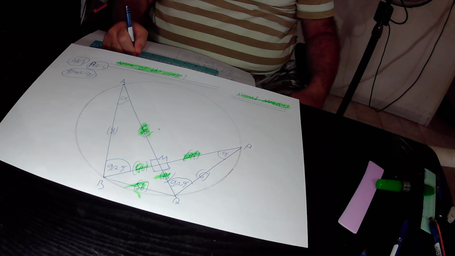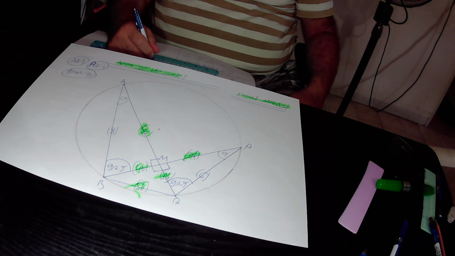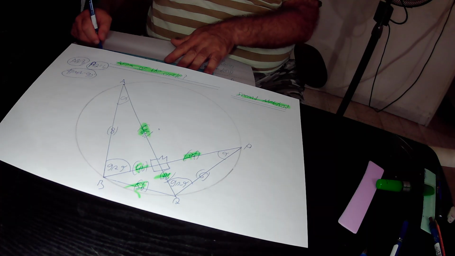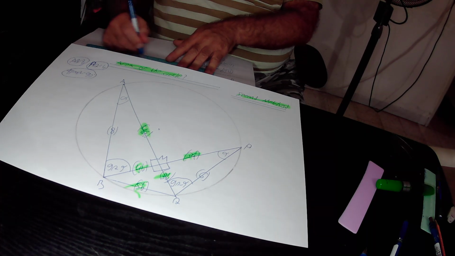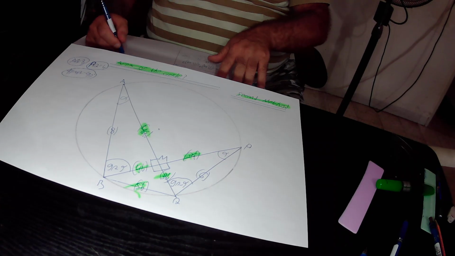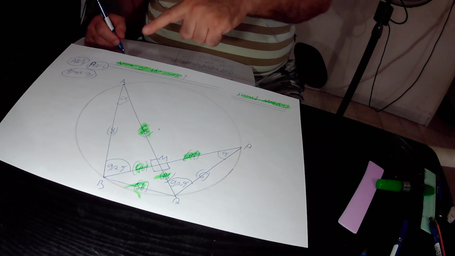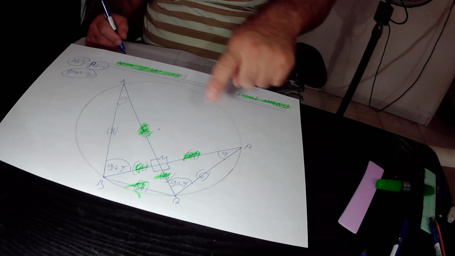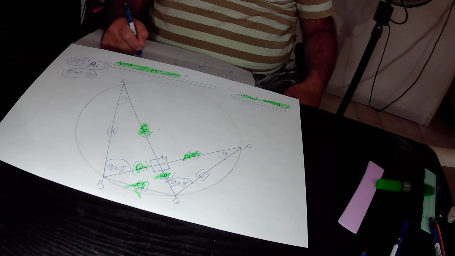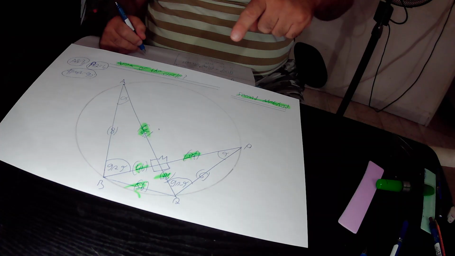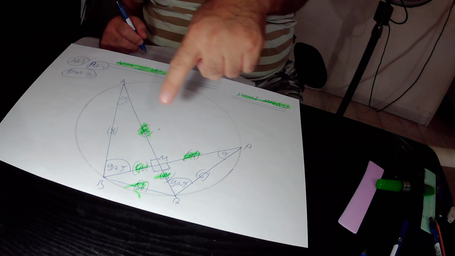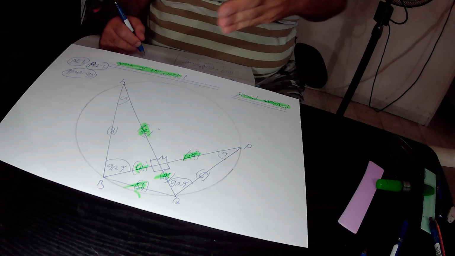So in the first method, we calculate the area of triangle ABQ according to the rule that the area of any triangle equals the base of the triangle times the height to the base over 2. So the area of triangle ABQ equals the base, that is AQ, we'll choose the base as AQ, times the height to the base, that is MB. Why is MB the height to the base?